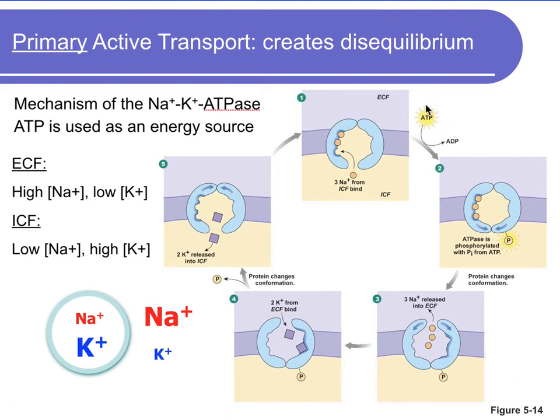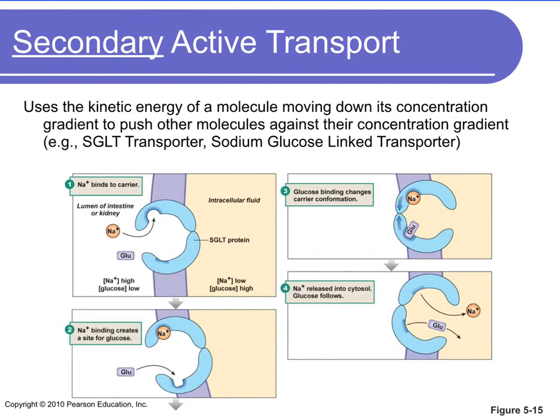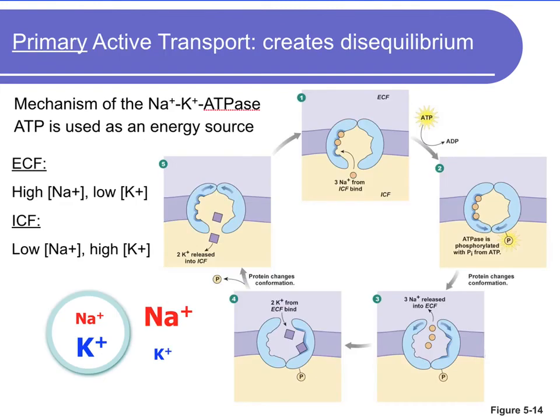Because it's using energy. Then we have our secondary active transport, our SGLT, sodium glucose linked transporter. Basically, it's going to move sodium and glucose together. ATP is required in an indirect way. The sodium-potassium pump pumps sodium out of a cell, creating this high sodium extracellularly.